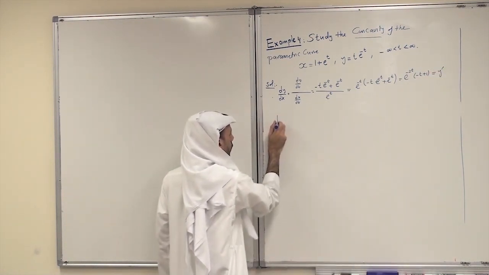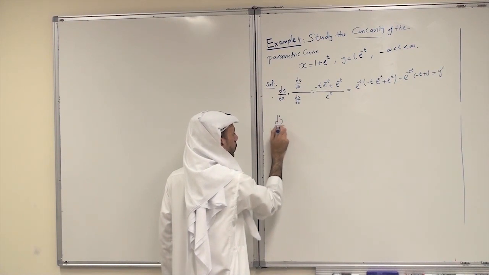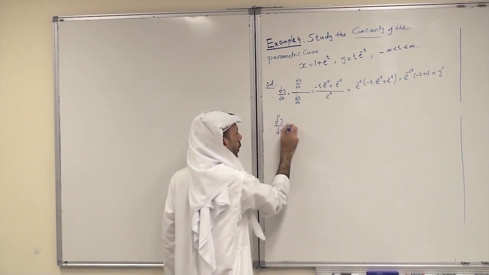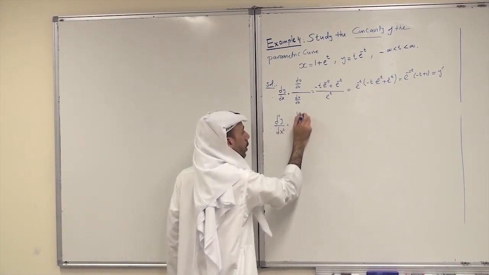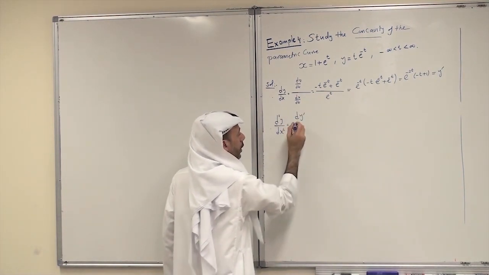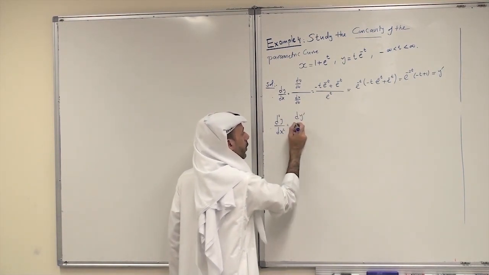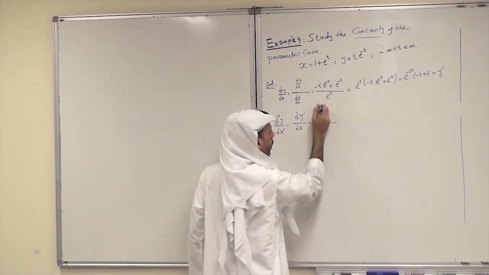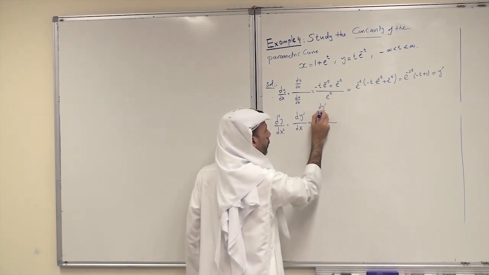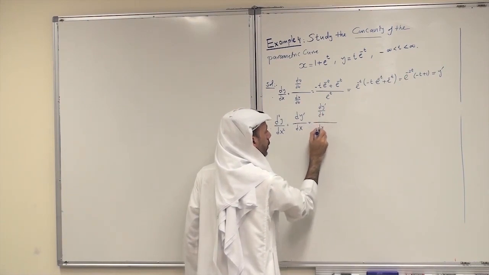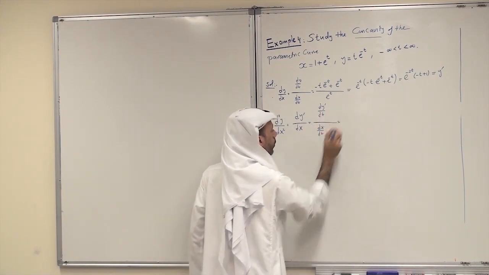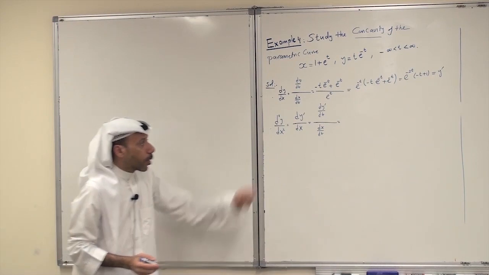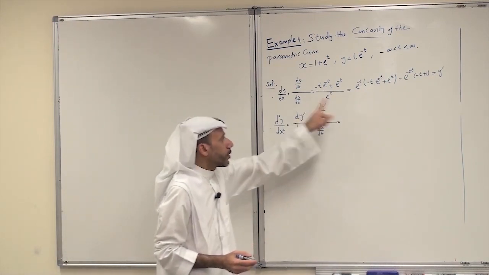For the second derivative of y with respect to x, it is the first derivative of y prime. Derivative of the first derivative with respect to x. Again, the formula dy prime/dt over dx/dt. How to find dy prime/dt? Well, this is y prime.